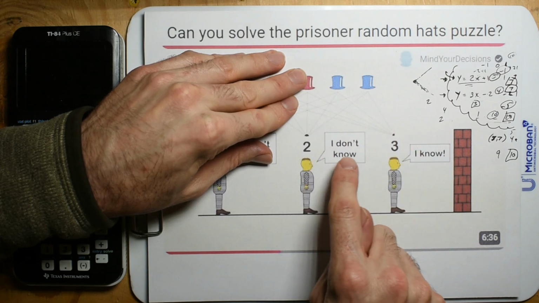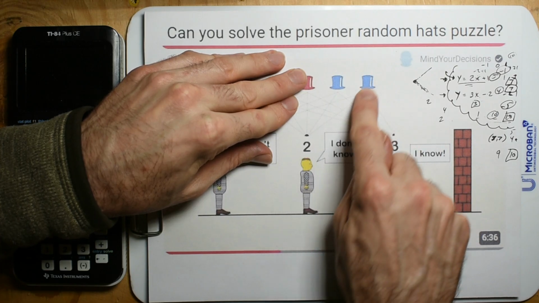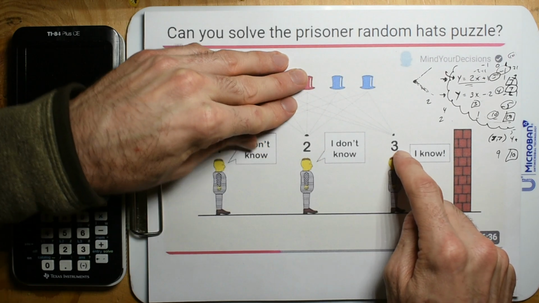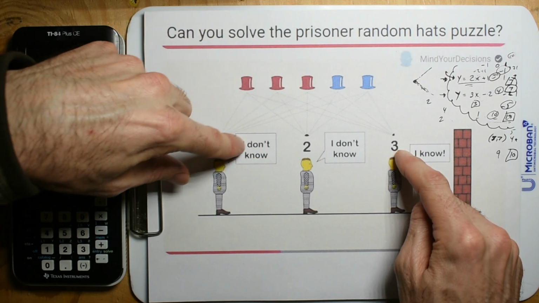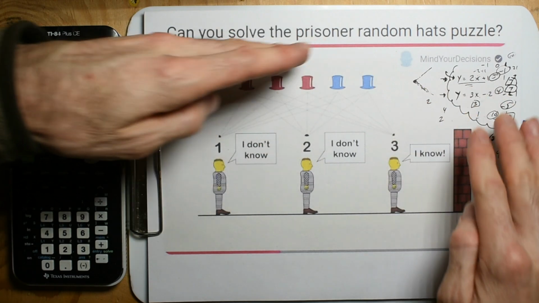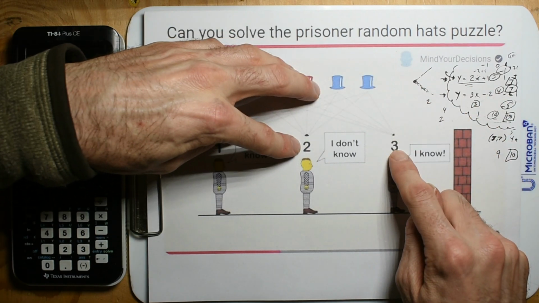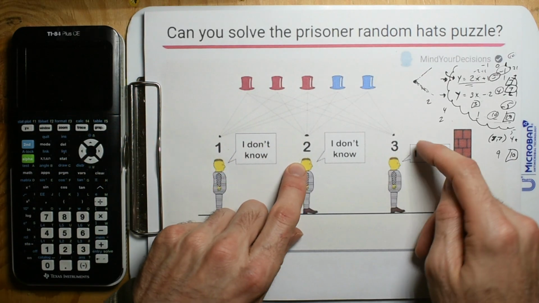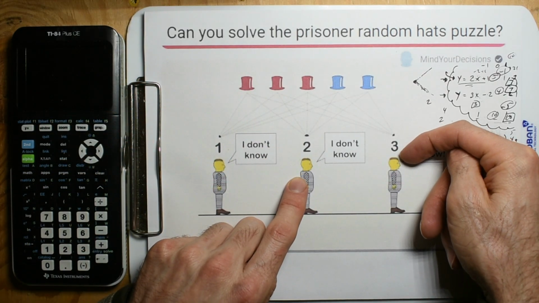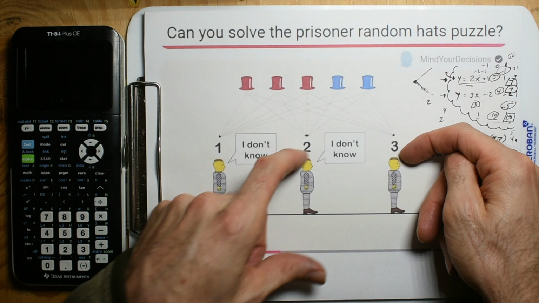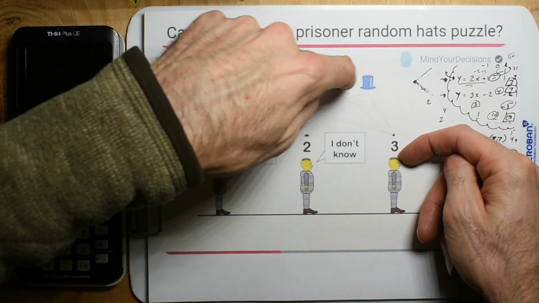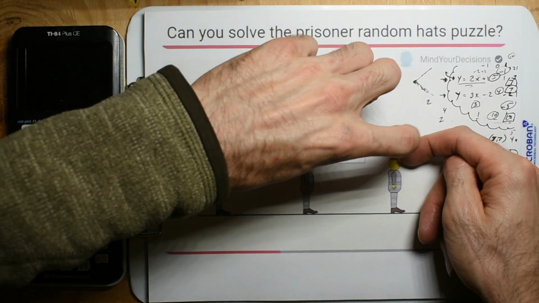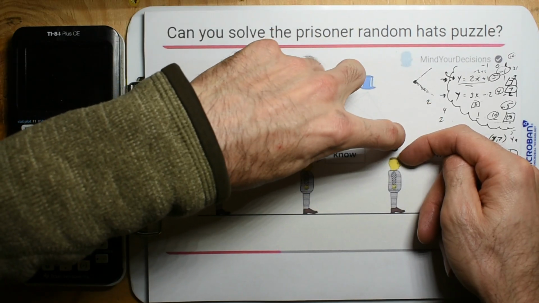So prisoner 2, again, sees a blue hat on prisoner 3. But knowing that prisoner 1 said, I don't know, and we're making up our own scenario here, that means prisoner 2 does not have a blue hat. Because if prisoner 2 sees a blue hat on prisoner 3, and has a blue hat on his head, prisoner 1 would have said, oh, hell yeah, I know what hat's on my head, because the only 2 hats available are right in front of me on these 2.